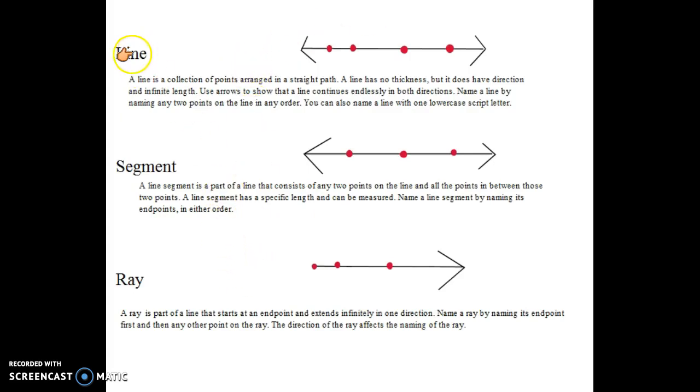And the last couple of questions are simply knowing the definition of a line, a segment, and a ray, and how to name those. We've already talked about a line. We can name a line by any 2 points on the line in any order. So if we call this A, B, C, D, I could name this line AD, and normally they denote that with arrows at both ends, because the line goes infinitely in each direction.